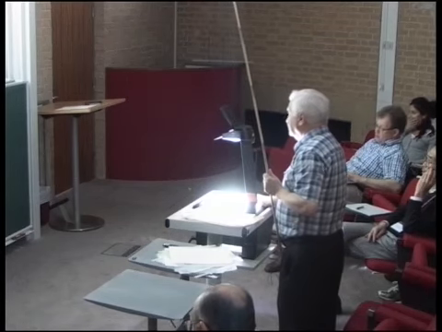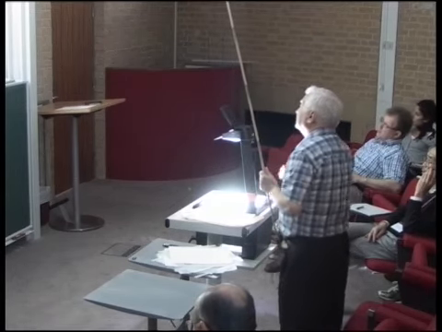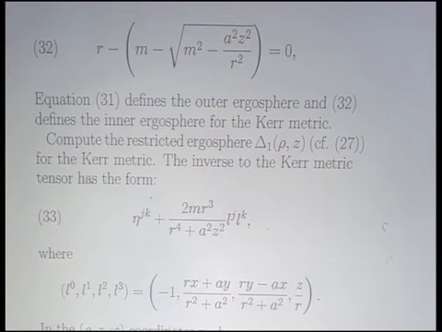Now, what happens here is that you have two ergospheres, an outer ergosphere and an inner ergosphere. So now consider the restricted ergosphere. What is the restricted ergosphere? Because the metric doesn't depend on phi, I consider delta 1 as the ergosphere if I disregard phi, simply considering the remaining variables.